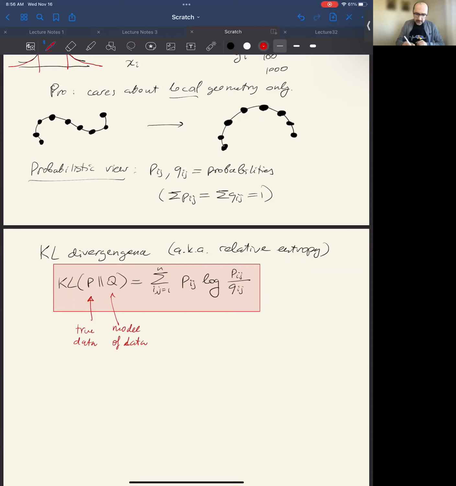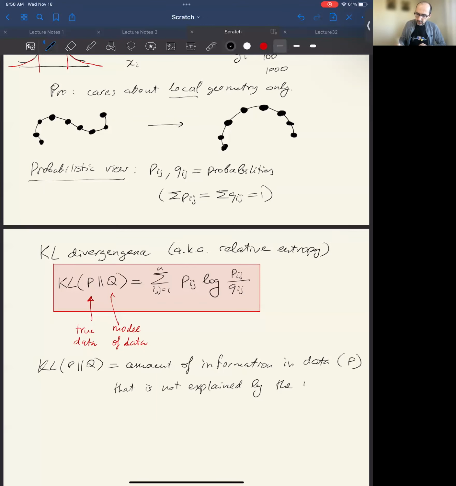And heuristically, KL, P versus Q, is the amount of information in the true data, P, that is not explained by the model Q.